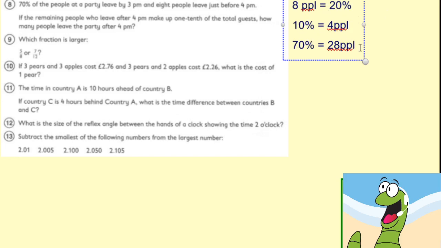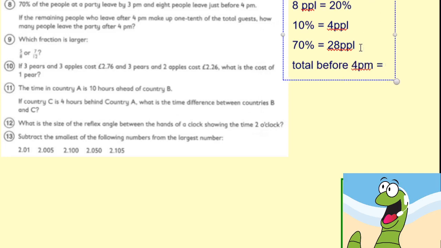That means the total number of people before 4 p.m. equals 28 plus 8, and that equals 36.